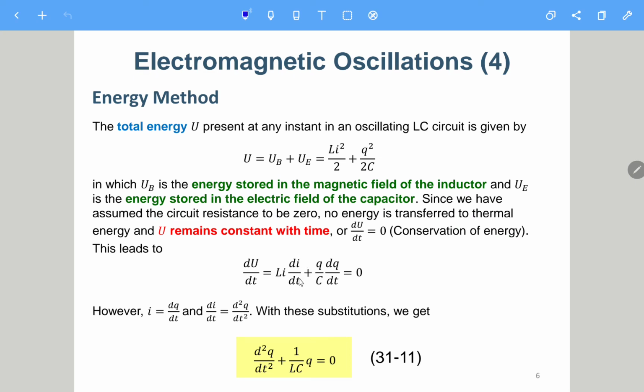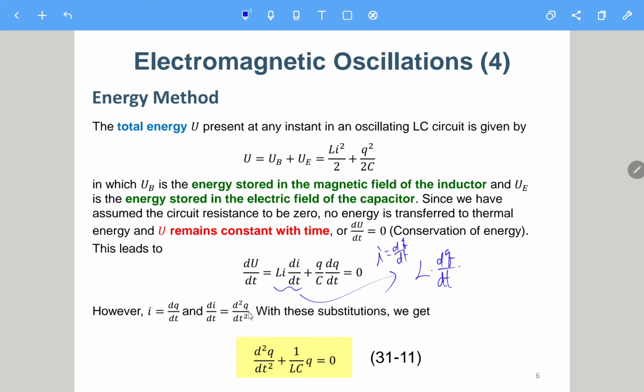So the first term, when we plug in I equals dq/dt, becomes L dq/dt, and then take the derivative of this one.